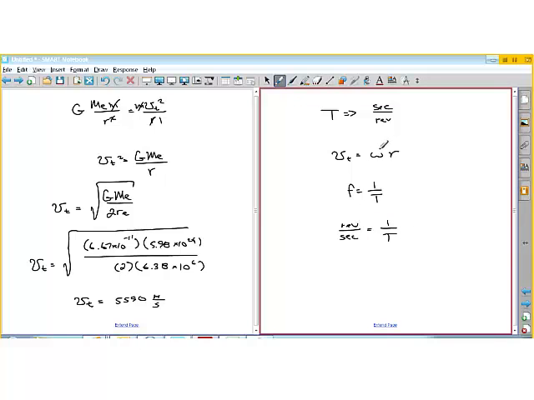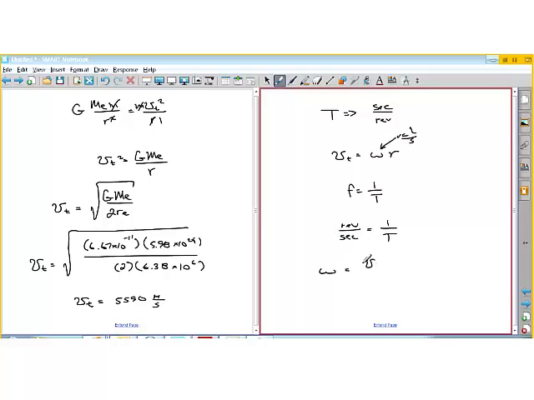So this is in radians per second. So if I calculate, you can see what happens. I can calculate omega in radians per second. I can convert that to revolutions per second, because there are 2 pi radians per revolution. And then I could take the inverse to get seconds per revolution. Just looking at it from a unit standpoint. Okay, so let's do that.